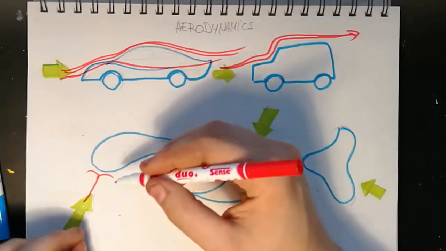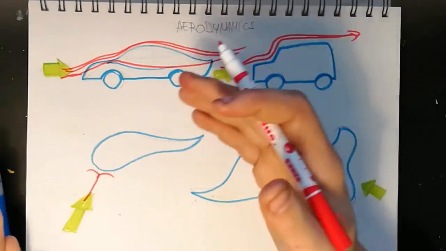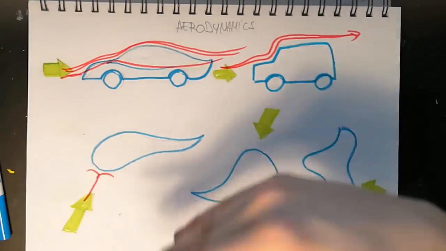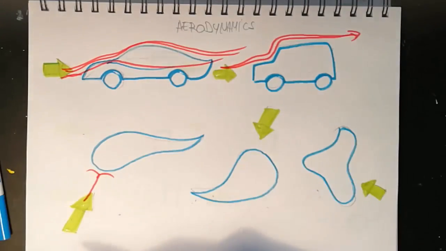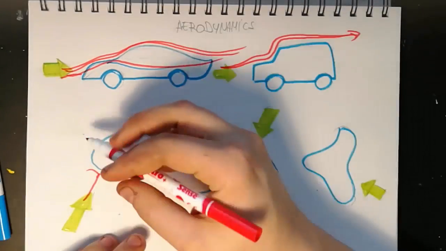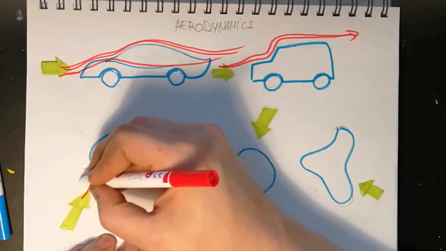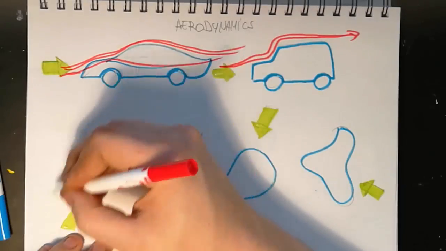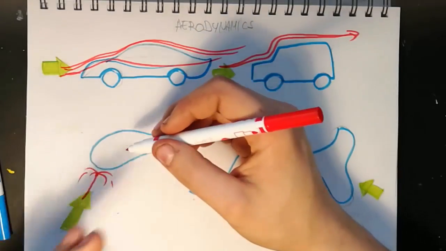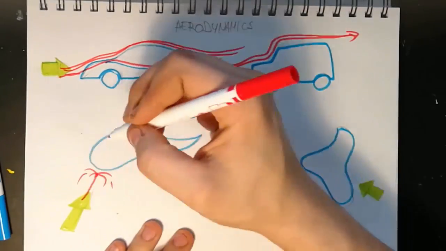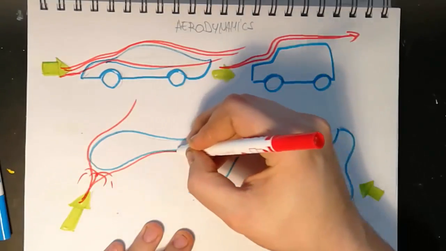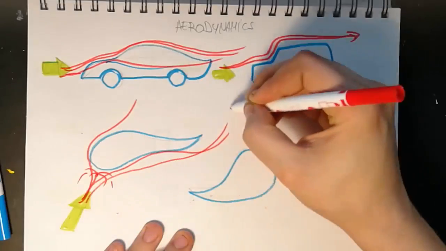The more force you have, the further the air is going to travel. If this is only a small blob, the air is going to bounce off. If you have a high force of air, it's going to curve and follow the shape.